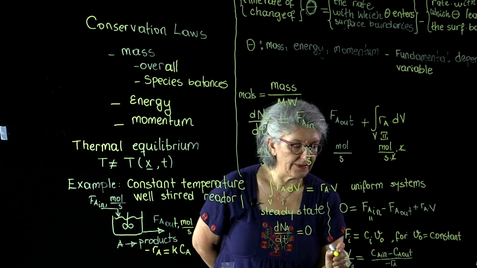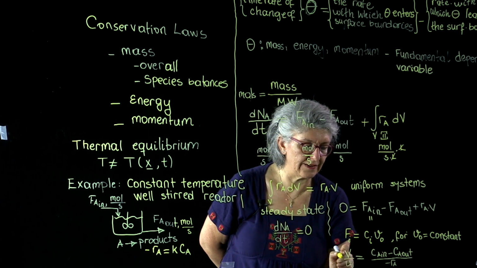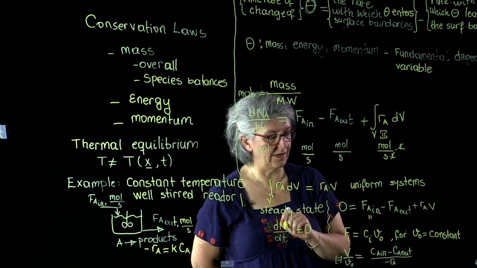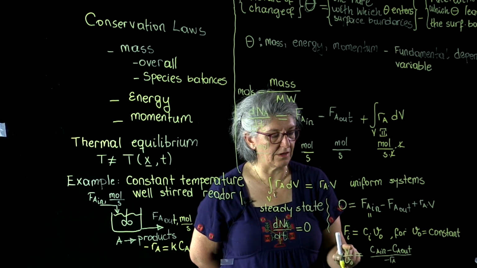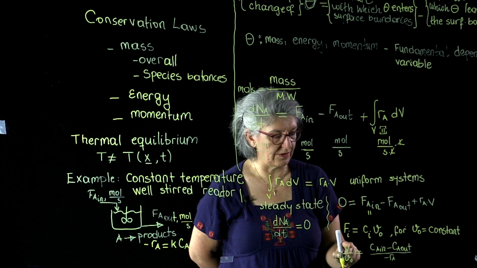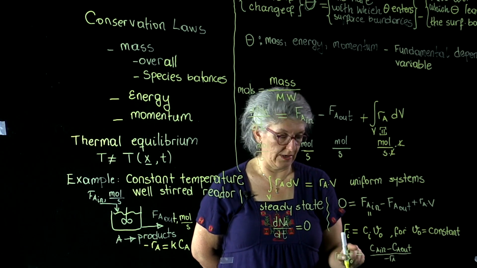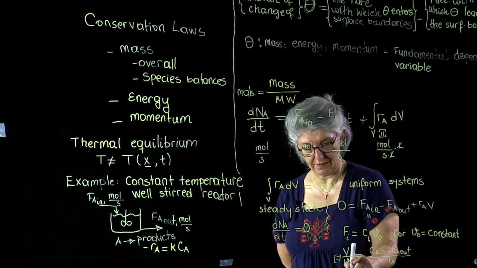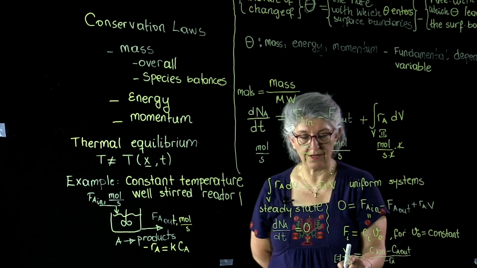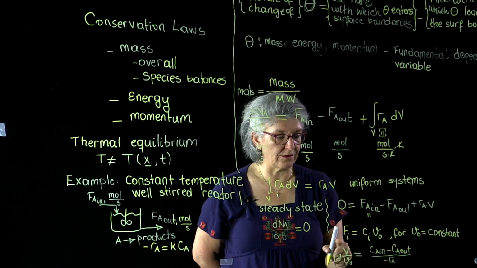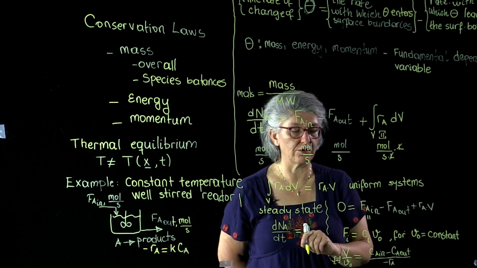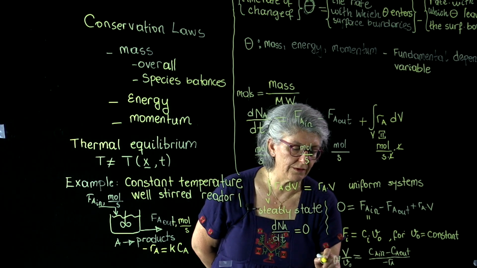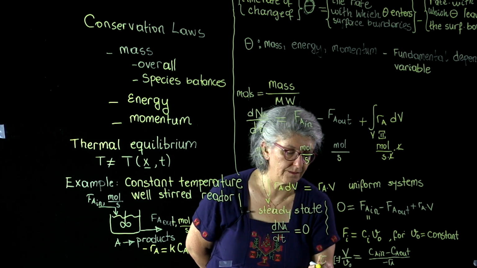Now if you pay attention, this has the units of liters, units of volume. This has the units of volumetric flow rate, liters per second. As a result, this whole group has the units of time. We're going to label it as tau, and we will call it the space-time.